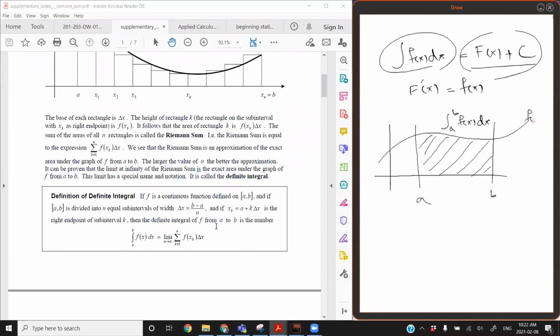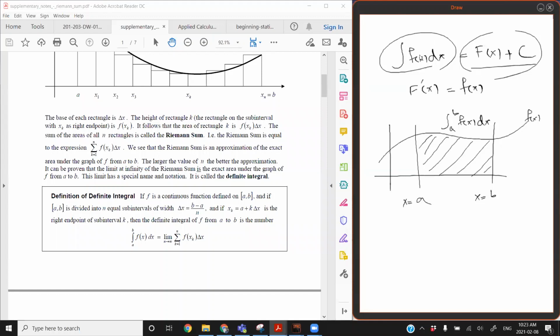So this is the function f of x above the x-axis, and between the two lines x equals a and x equals b. Sir, and how do we? Yeah, question. So like we know it's definite because there's the a and the b on the. Yes. Okay. If the bounds are there, it's called a definite integral. If the bounds are not there, it's an indefinite integral.